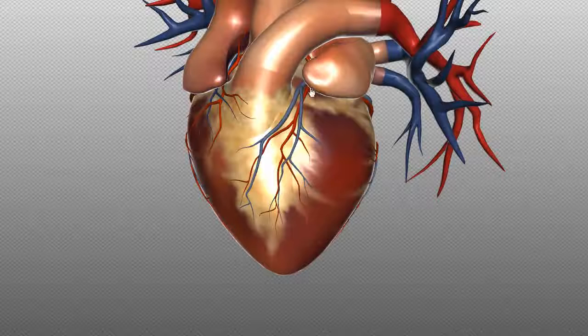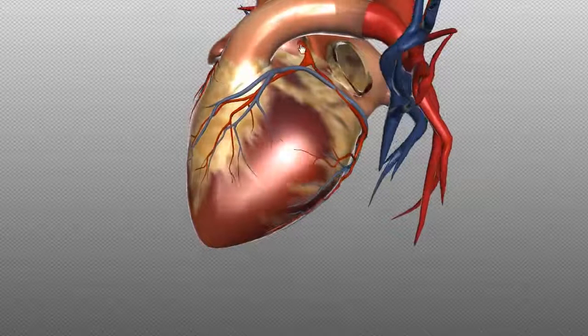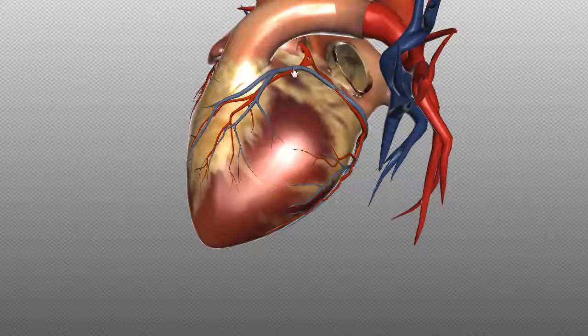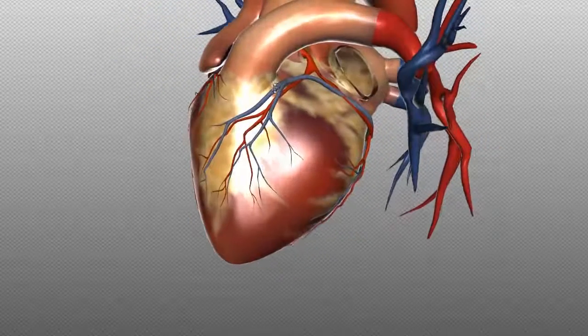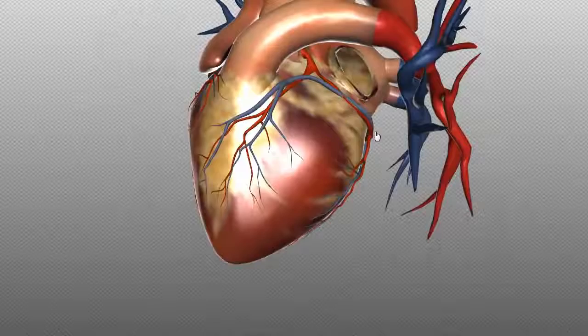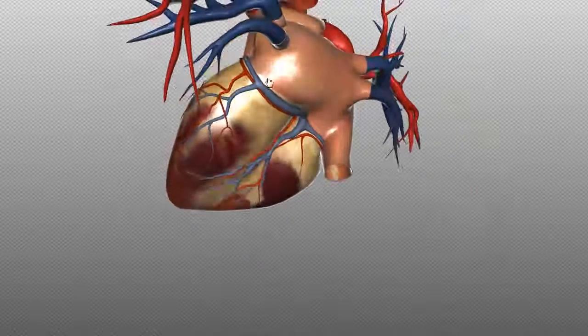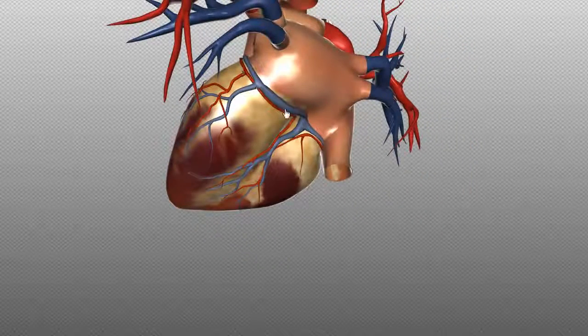This thing here is the left atrial appendage, so I'll just remove that so we can have a good look at the arteries. This is the left coronary artery, giving off the anterior interventricular artery as its first branch, and then it winds around all the way to the back, just like the right coronary artery.